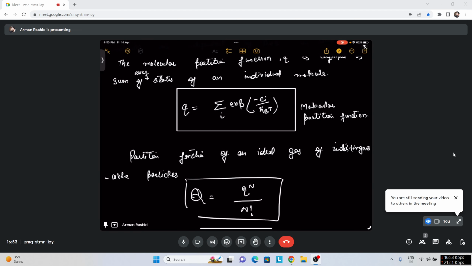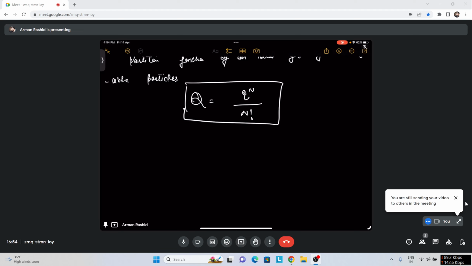Because they are indistinguishable, we have to divide by N factorial. Okay, so this is the partition function for an ideal gas.